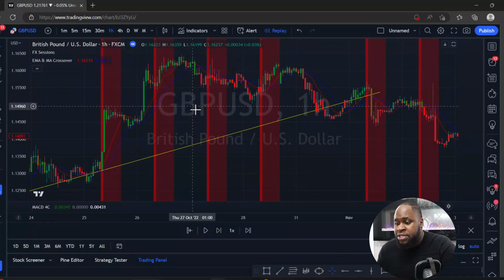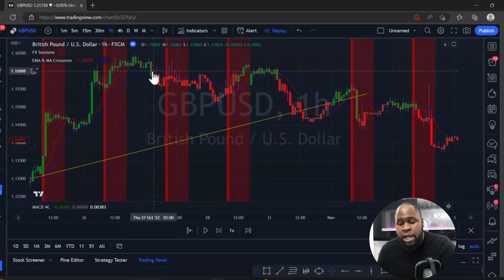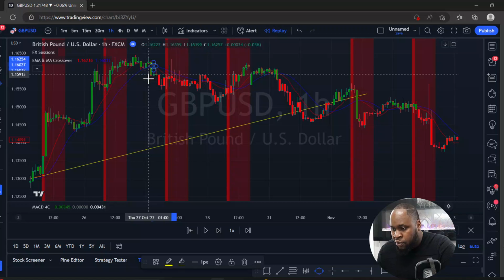So basically what this strategy is saying is that the MA, which is the red line, and the EMA, which is the blue line, when they cross over, it is a signal for you to take a buy or sell depending where price is. If price is under the crossover, so we have a crossover over here.